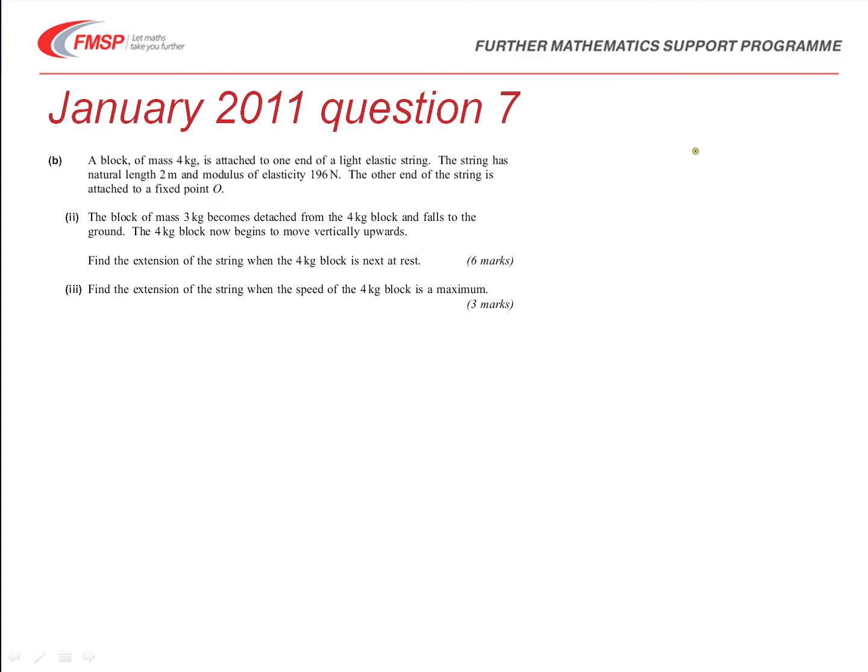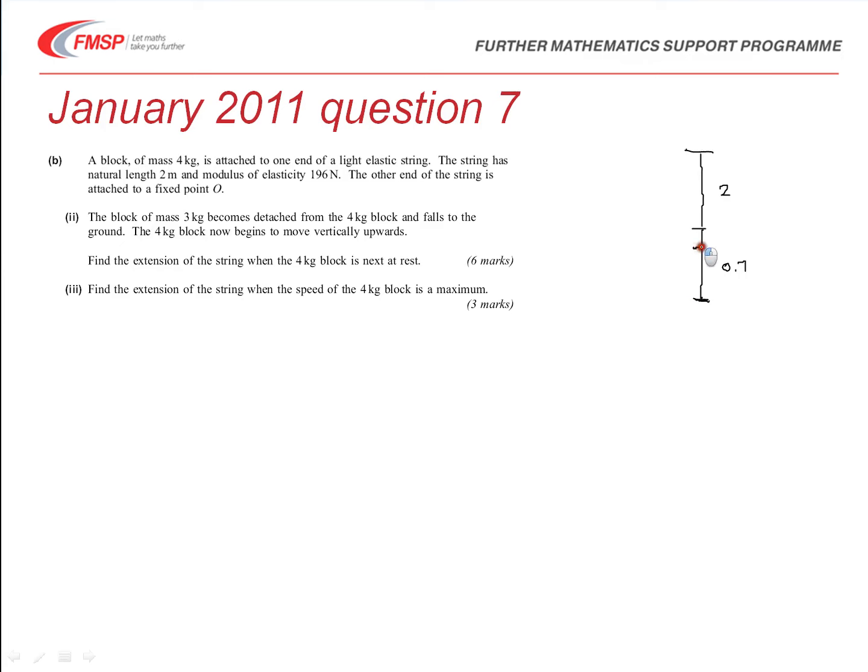So what do we have? Well, the string had its natural length of 2 meters. The point at which we released it, we had an extension of 0.7 at this point here. And then at some point, as the motion continues upwards, there will be a point at which the block will come to rest.